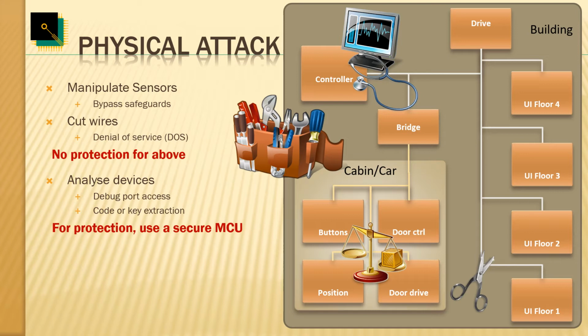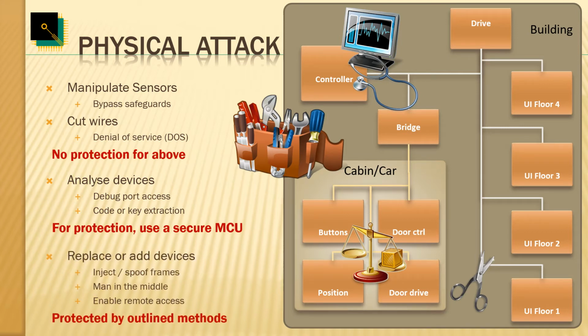However, replacing or adding devices on CAN, this is something we want to start trying to protect you from, so that injection, spoofing of frames, man-in-the-middle attacks, or even remote attacks become harmless or can be detected and secured against.